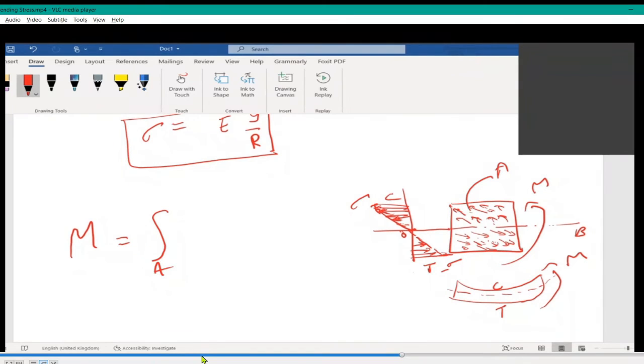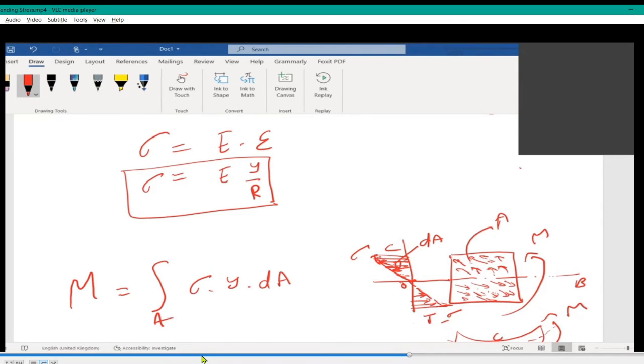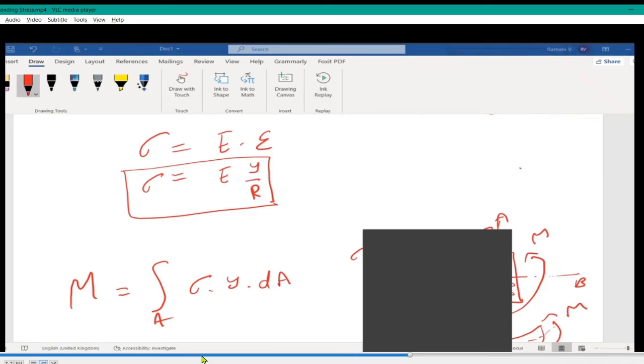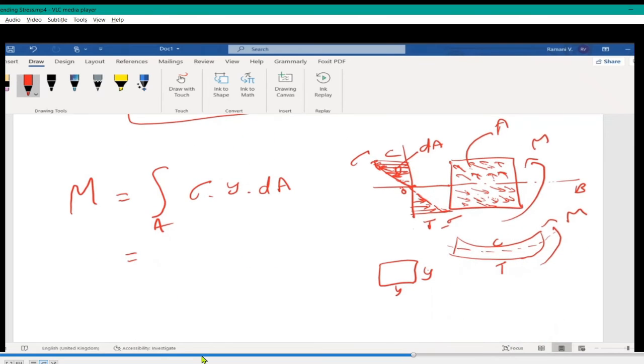If you take an elemental area dA on the diagram, stress times y times dA. I write this statement first. Stress times y times dA, right? Bending moment, from this formula, you have this, sigma by y equals E by R, right? And then you have M stated as stress times y times dA.